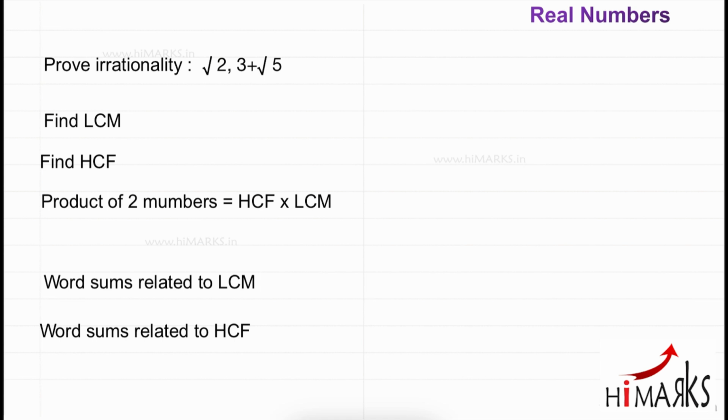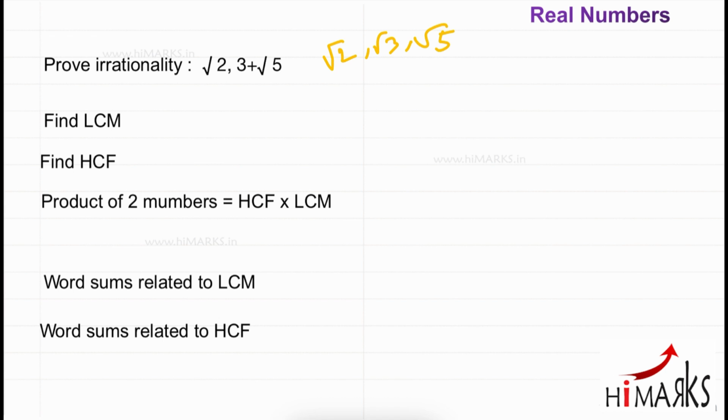If we see what kind of question can be expected, the first set is root 2, root 3, and root 5: prove that these are irrational.